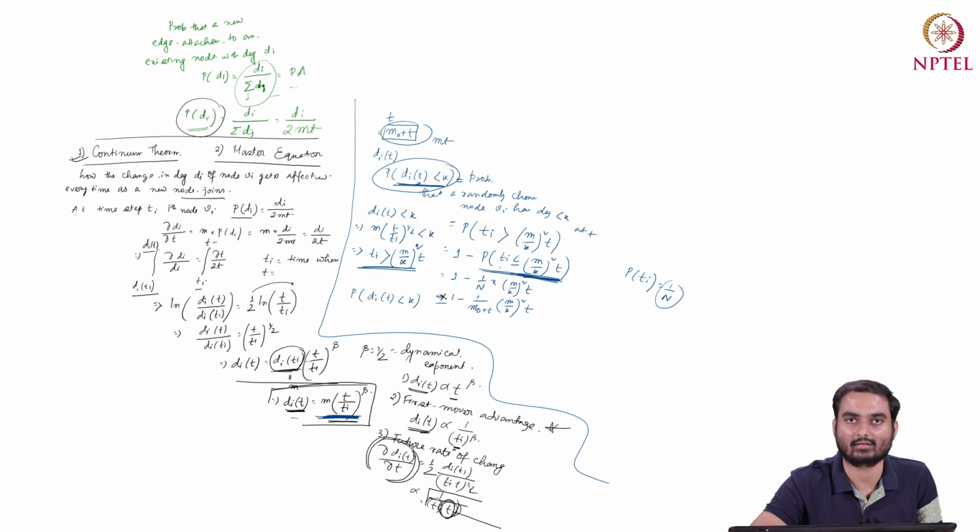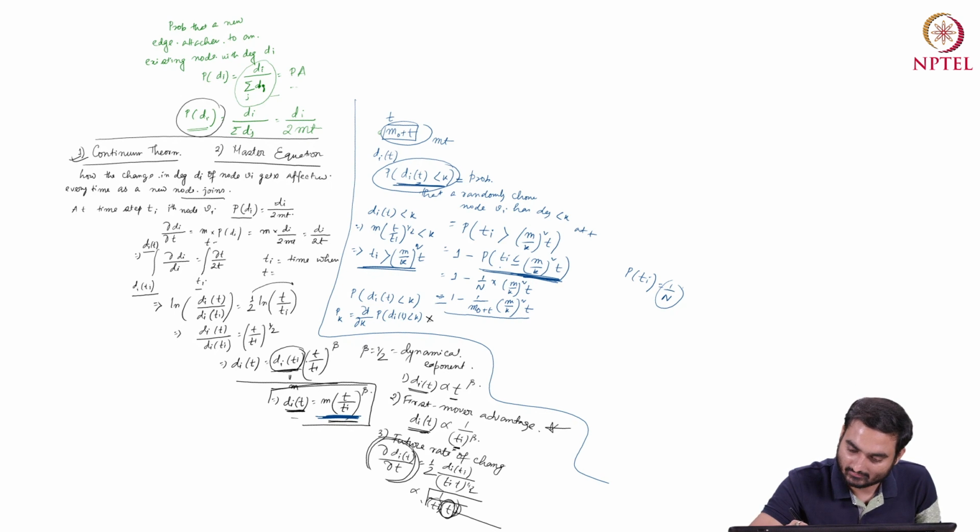If you want the non-cumulative, we need to take the derivative. So P of k is essentially d/dk of P of d_i(t) less than k, meaning we take the derivative of this with respect to k.